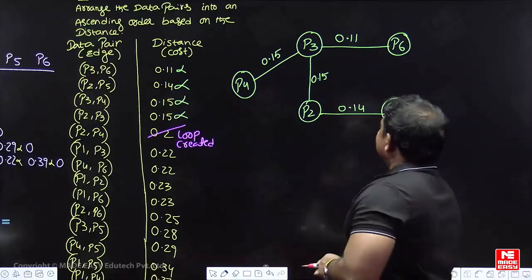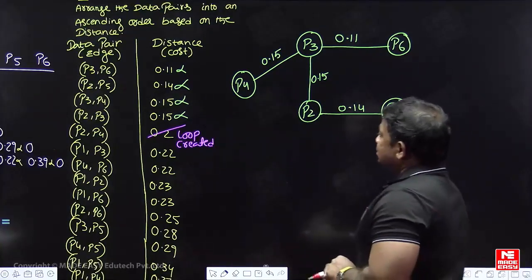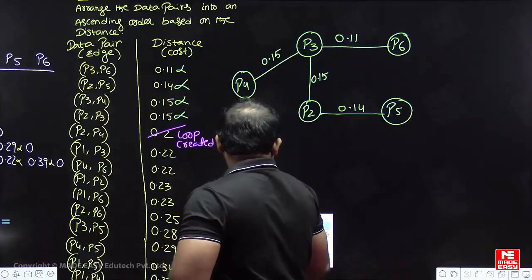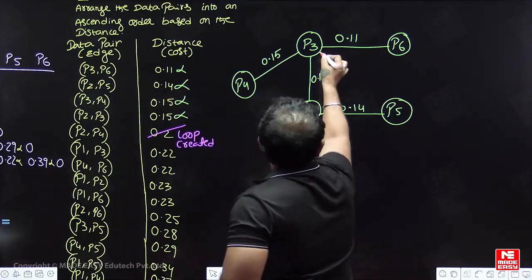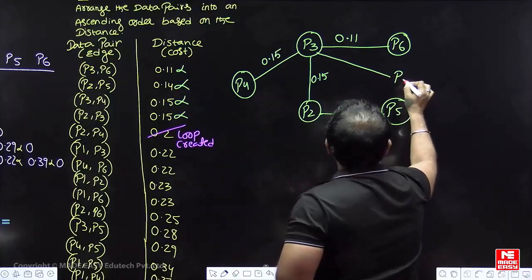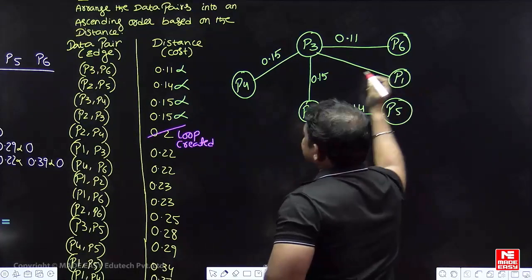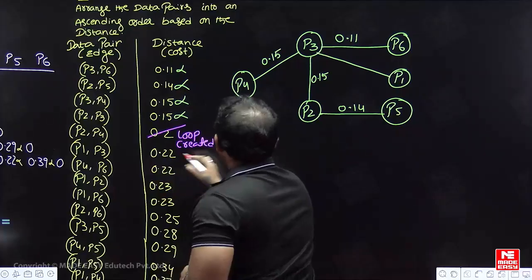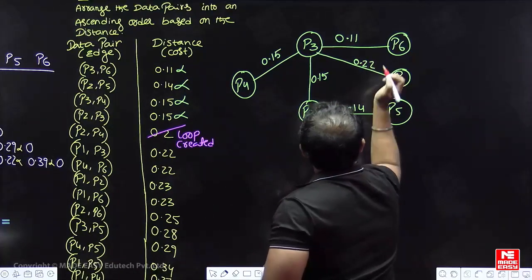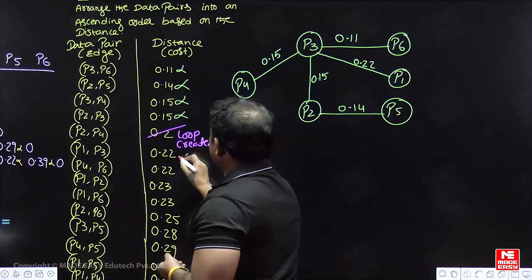Next, P1, P3: there is no circuit, and the weight is 0.22.